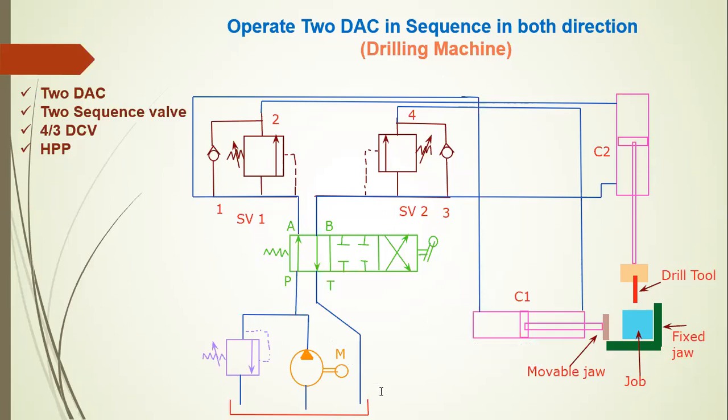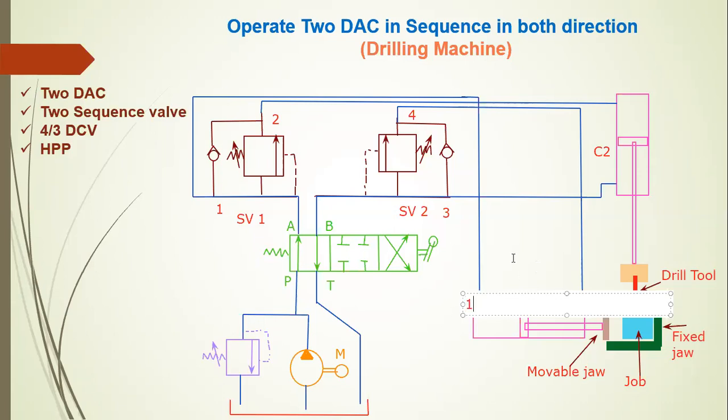Then SV1, sequence valve 1, sequence valve 2, cylinder 1, cylinder 2 with the drilling tool, and the workplace. Here is the pressure control valve, a specific type of pressure relief valve. Here one connection is connected to cylinder C1, so here we give the name 1.